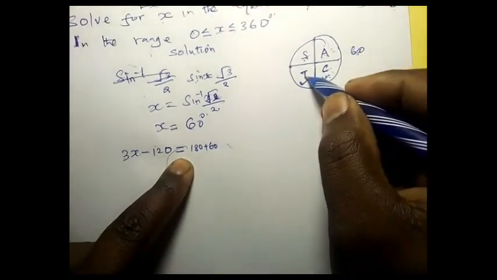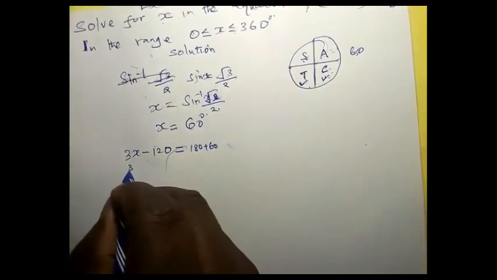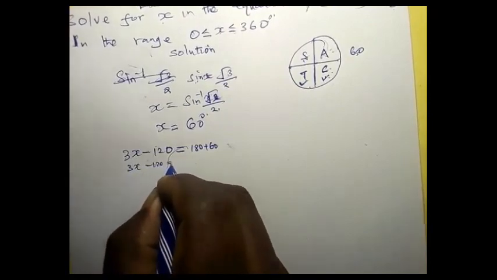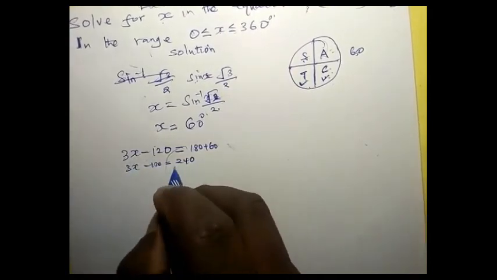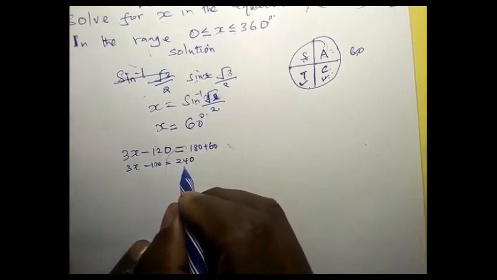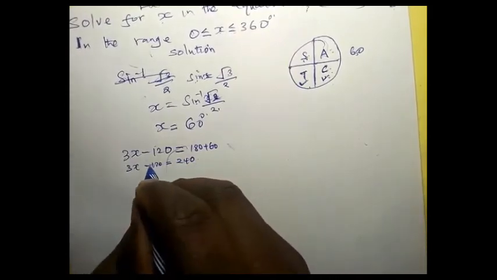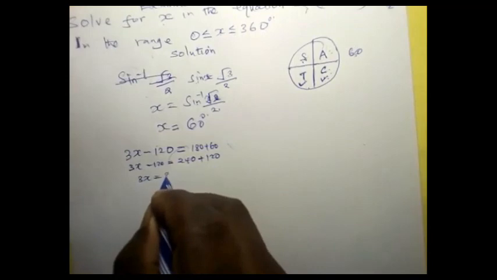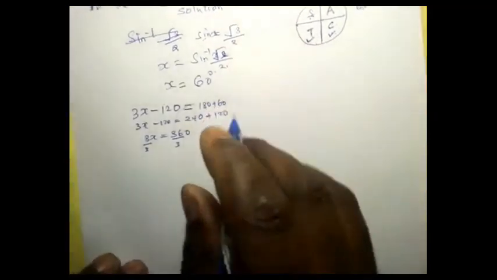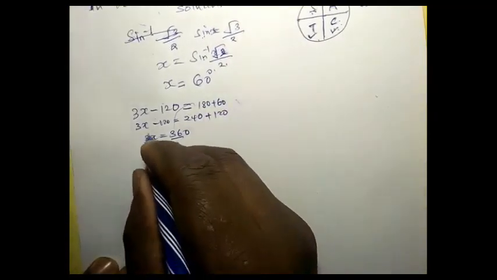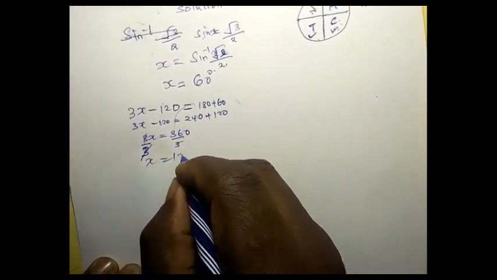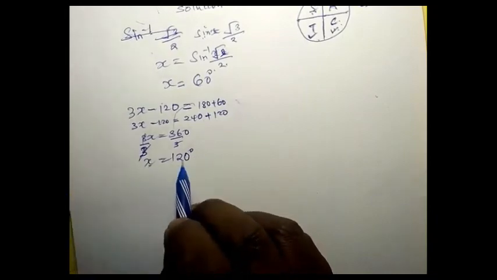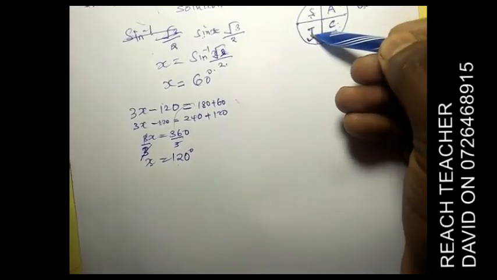So 3x minus 120 will be equal to 240. Like terms together, we add 120, so 3x will be equal to 360. Divide by 3, so x equals 120 degrees. So the first angle for x is 120, when we are in the third quadrant.